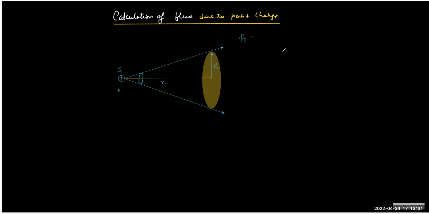Using the solid angle formula, it is q by epsilon naught into the fraction of the solid angle, that is omega by 4 pi. And for omega, we will be using the formula 2 pi into 1 minus cos theta. Excellent. The theta is here, so you can substitute, and the answer is simple.